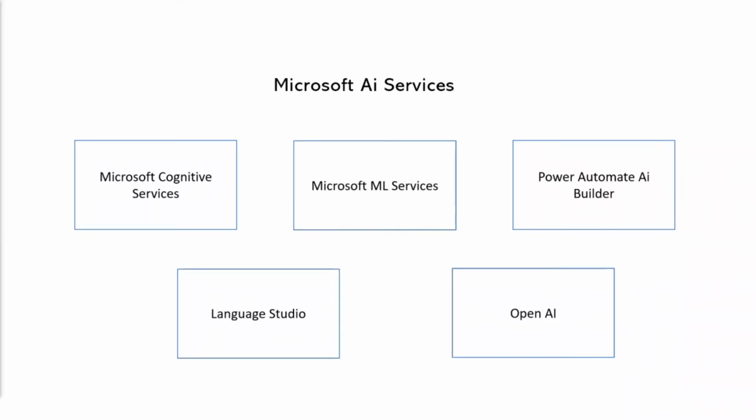Cognitive services is already pre-trained models. And then there are a couple of other features, for example, under Power Automate. Power Automate is the Microsoft RPA product, or the hyper automation product of Microsoft, where you want to build bots and solutions to handle repetitive tasks.